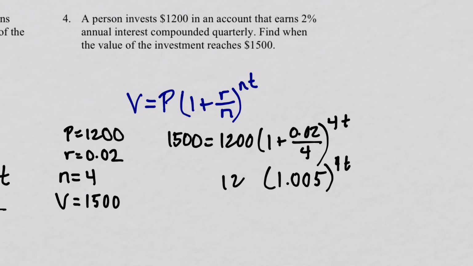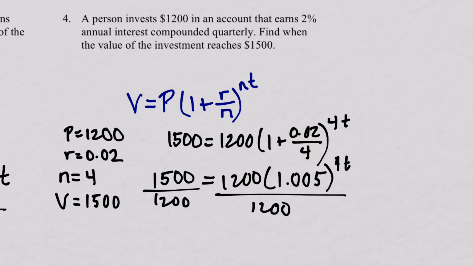And 1,200 on this side, and 1,500 on this side. So what I usually do is divide by the number in front, which is P. Divide by 1,200. Those cancel. 1,500 divided by 1,200. Look, the zeros cancel. So it's 15 over 12, which is 5 over 4, which is 1.25.